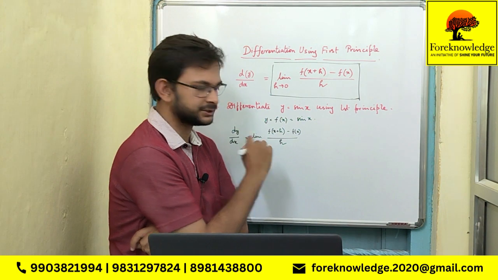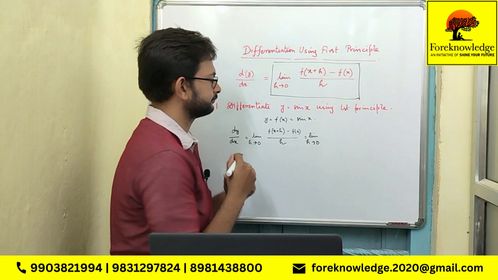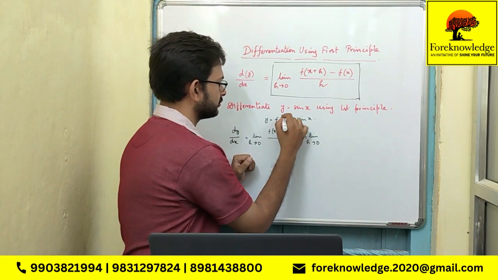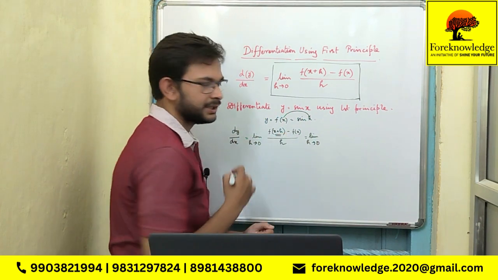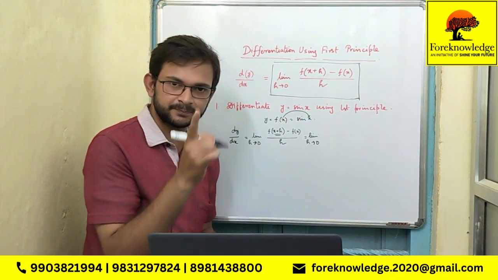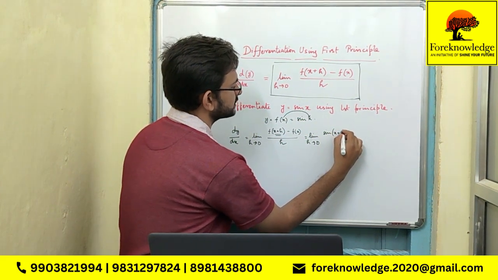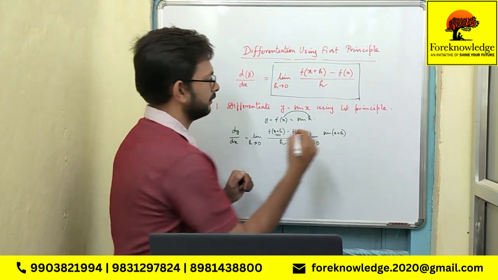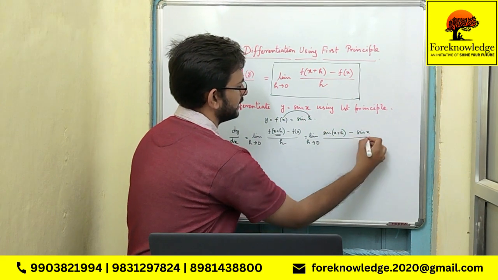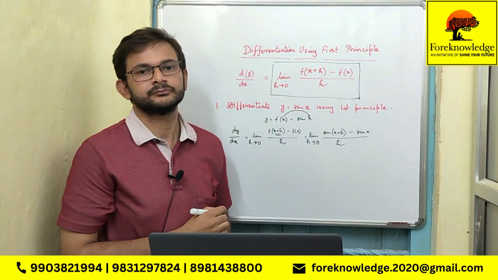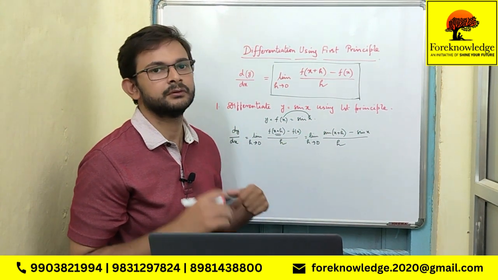What is f of x plus h? Since f(x) is sin x, the input goes here. If in the input it is given that we have to put x plus h, then in the argument of sin we put sin of x plus h, minus f of x, which is already sin x, divided by h. This is the formula we have applied. Fine. Now how to proceed?